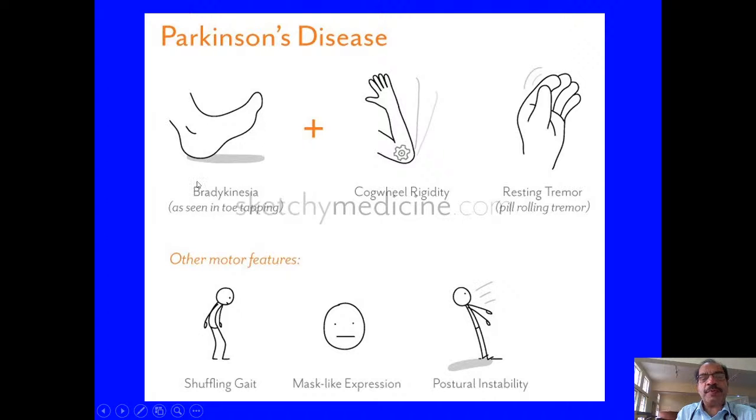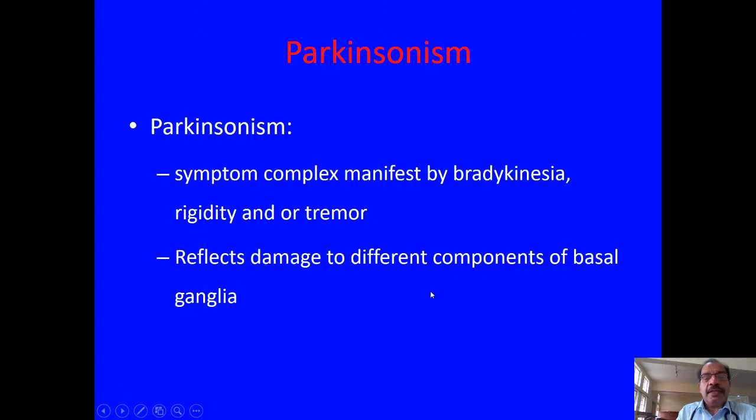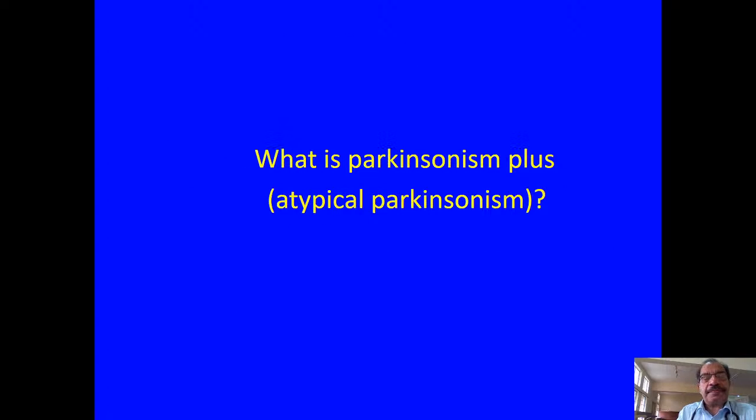It may be slowness of movements, rigidity, which may be lead pipe or cogwheel, tremors at rest, some abnormality of the posture, or some other abnormality like a shuffling gait or stooped posture. So these things constitute Parkinsonism. Basically, Parkinsonism is a complex manifestation, a syndrome characterized by the various features I have already mentioned. So it reflects some abnormality of the extrapyramidal system, especially the basal ganglia or its connections.